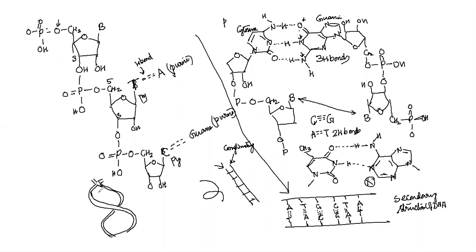And then here also the G of this will form a hydrogen bond with the C of the next, A with T of the next. Like this, two strands will bind together to constitute the whole molecule. So this is how a double helix structure of a DNA molecule is being formed.